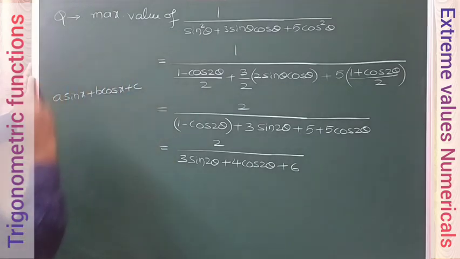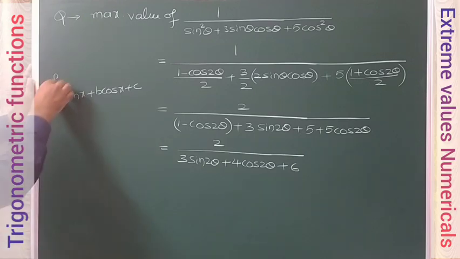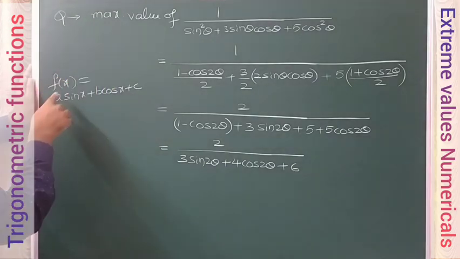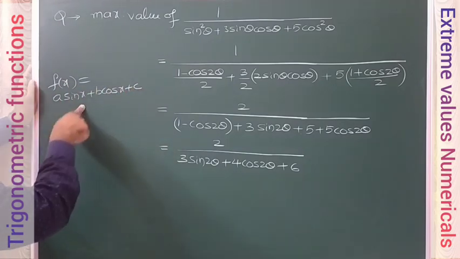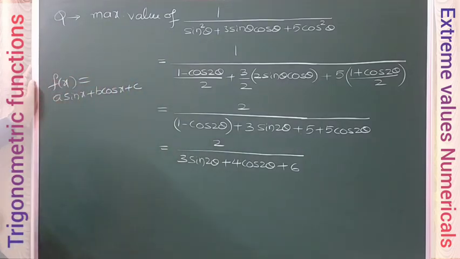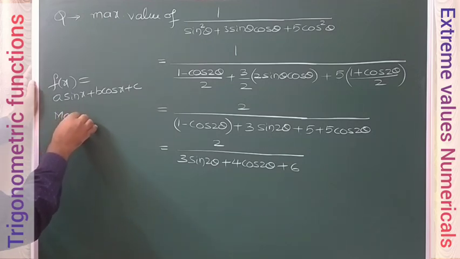Denominator is in this form. When you have a sin x plus b cos x plus c, or a cos x plus b sin x plus c, for anything, you have the extreme values formula directly.